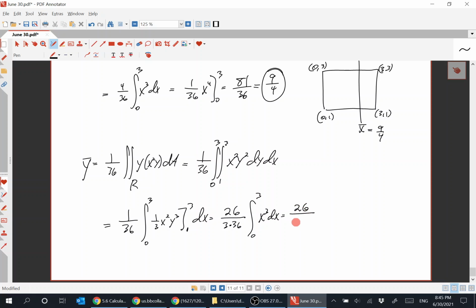So 26 over 3 times 36 times 4, x to the fourth, no, I changed my square into a third. So it's 1/3. 26 over 9 times 36, x to the third from 0 to 3. So then that's 26 times 27 over 9 times 36.